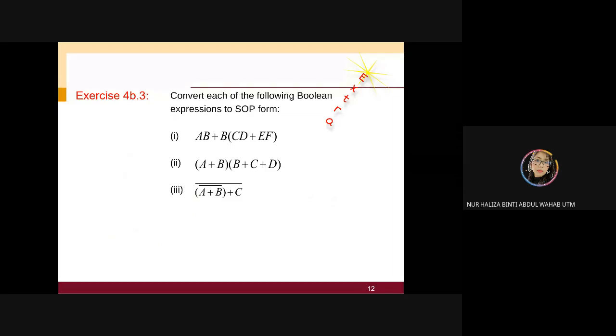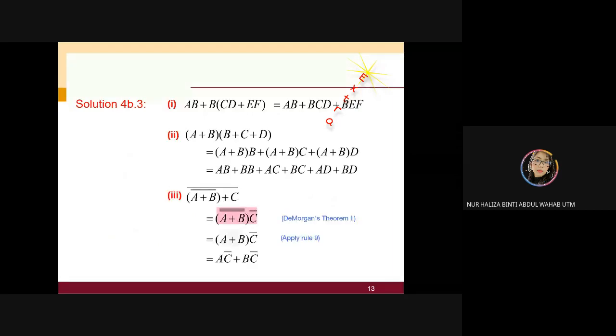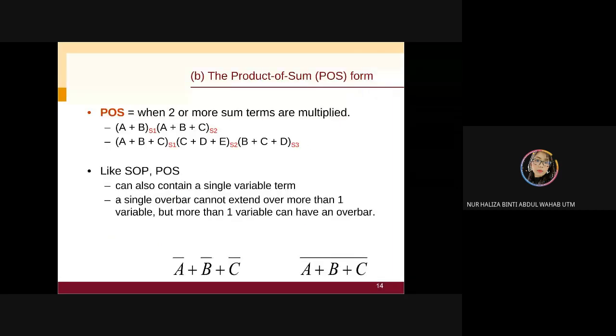Let's take a look into POS first. For POS, you can see two or more sums, this is one sum, two sums, are multiplied. You multiply this sum, you multiply this sum.